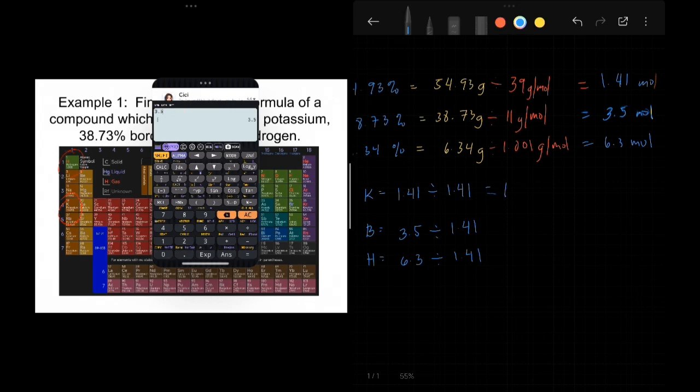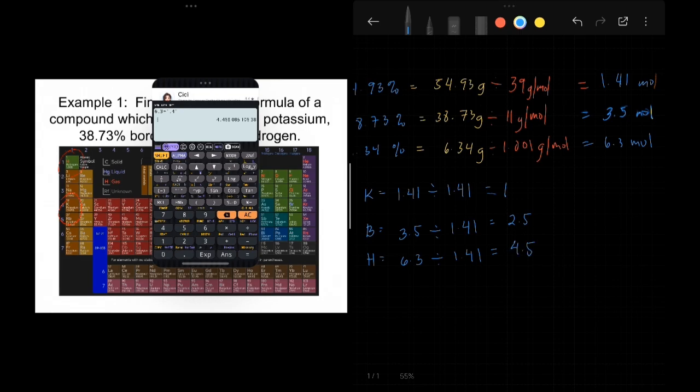Next, 3.5 divided by 1.41, that will be 2.5. Next, 6.3 divided by 1.41. There you got 4.47, or let's say 4.5.